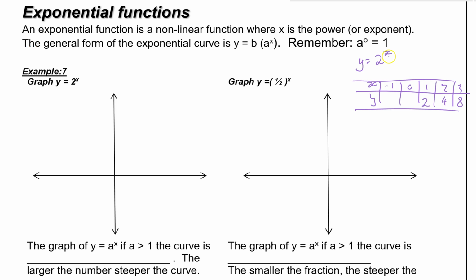Can you remember, 2 to the power of 0 is always equal to 1. 2 to the power of -1 is the same as 1 over 2, which is a half, 0.5.